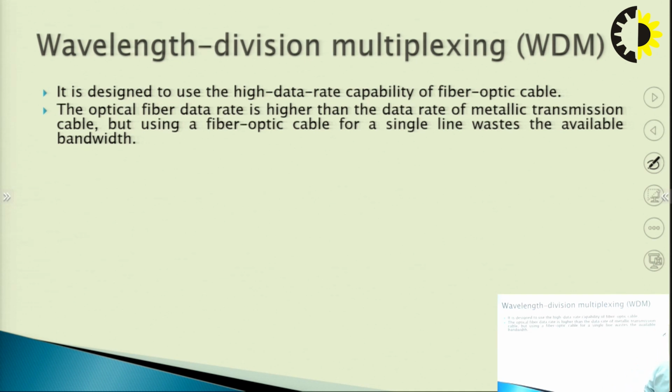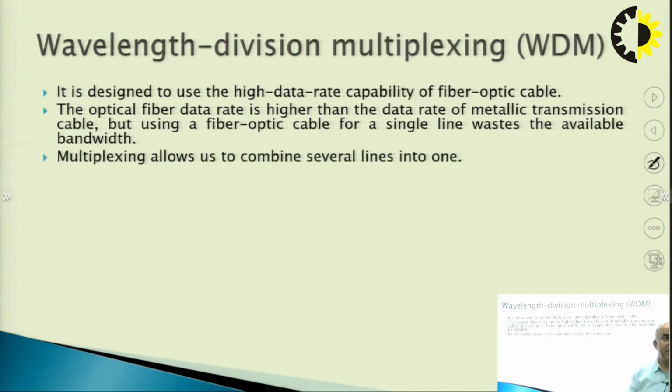FDM is an analog technique that can be applied when the bandwidth of the link is greater than the combined bandwidth of the signals to be transmitted. In FDM, signals generated by each sending device modulate carrier frequencies. These modulated signals can be combined into a single composite signal, so that the bandwidth accommodates the modulated signals.